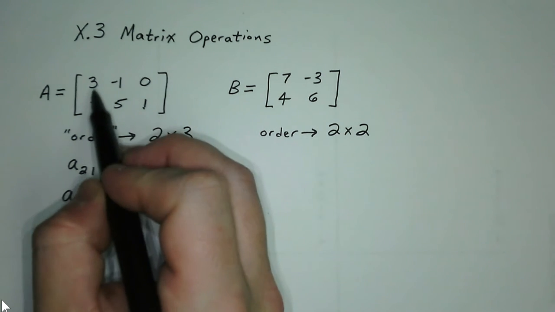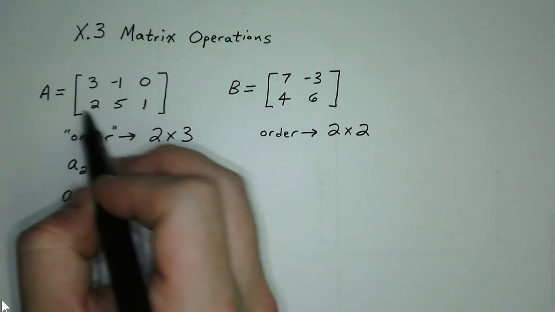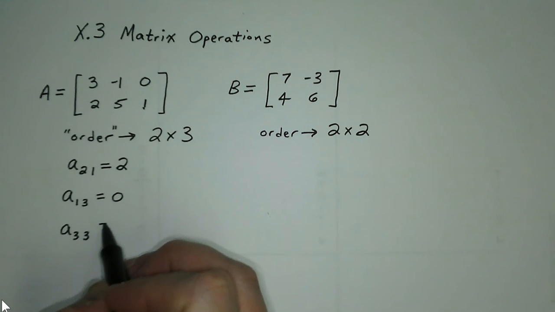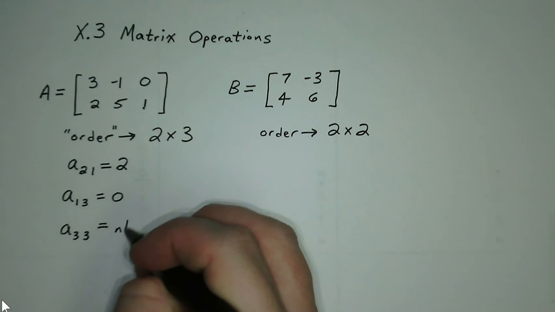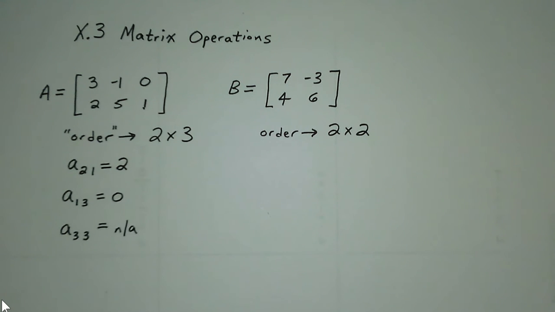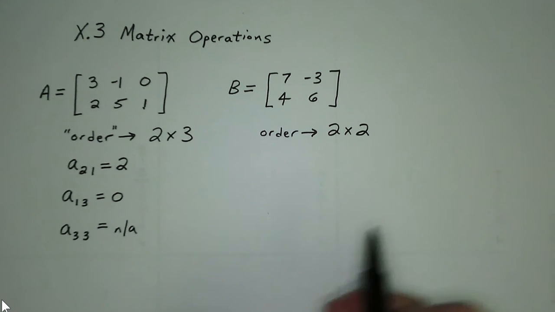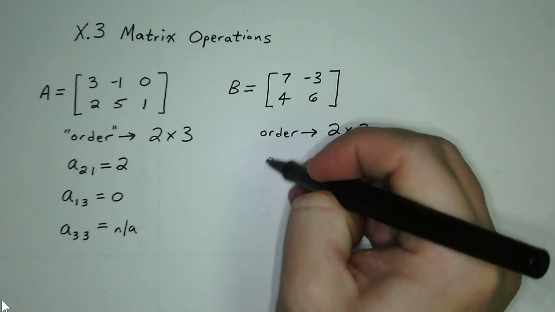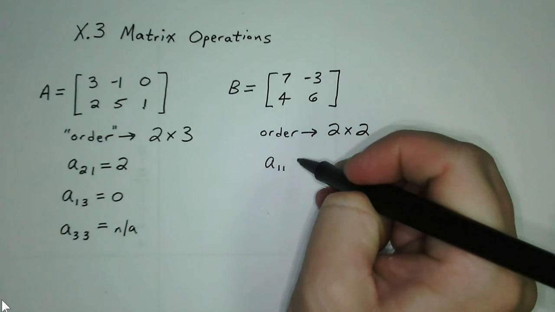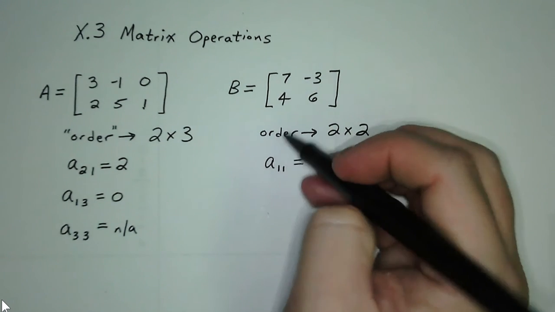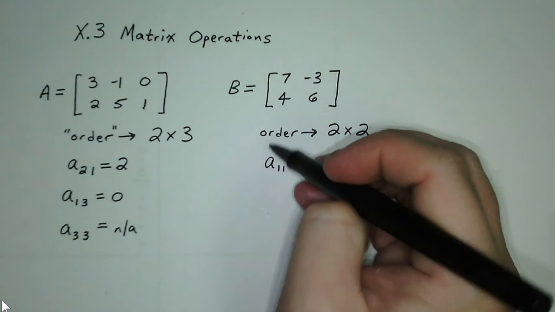Well, as it happens, there is no row 3. So it's not possible, or it doesn't really apply. So there is no A sub 3, 3 element. Over here, A sub 1, 1, where would that be? Oh, no, I tell a lie. What did I do wrong here?